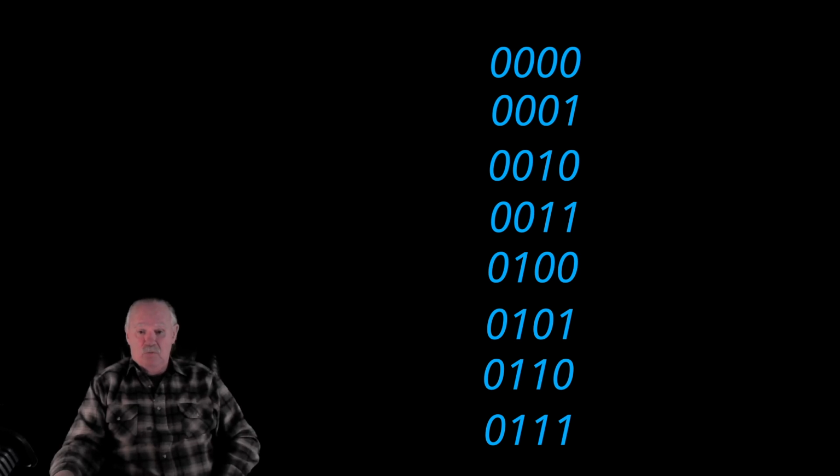So the next one would be 0, 1, 0, 1, or 101. The next one would be 0, 1, 1, 0, or 110, because that's the next number that doesn't have a 2 through 9. The next one would be 0, 1, 1, 1, or 111, and so on and so on.